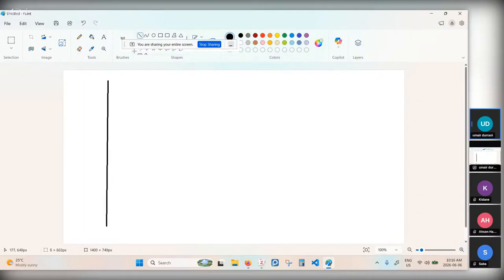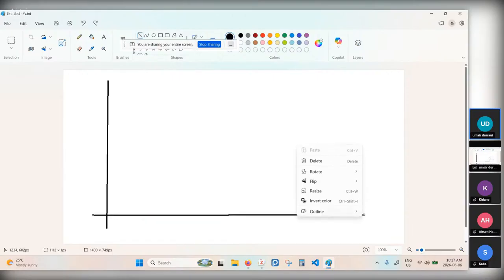So here is our y-axis, and let's draw the x-axis. It should be straight. Come on. Okay. All right.